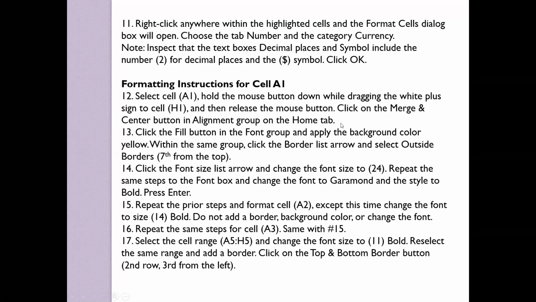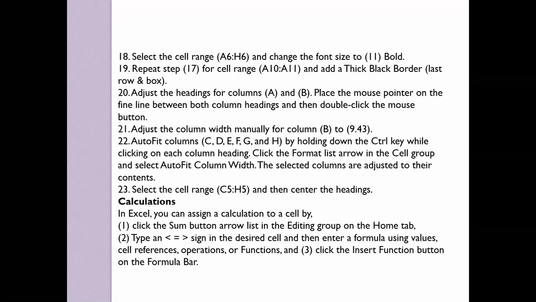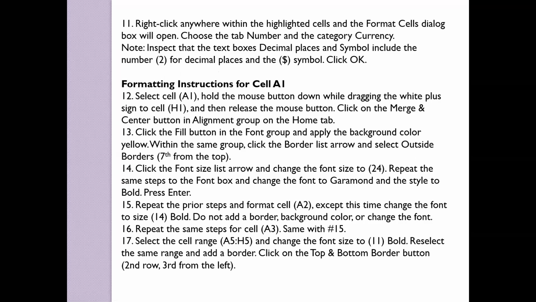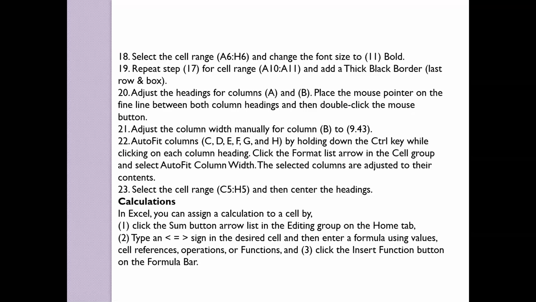All you have to do is follow that because you are formatting cell A1 to cell H1. The same with number 17, 18 and 23. So 12 to 23 is all formatting.